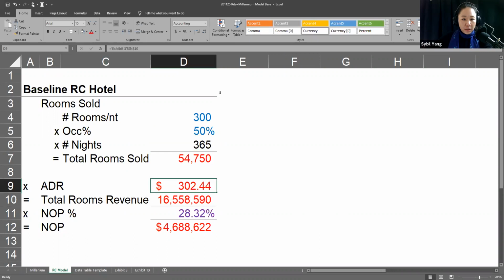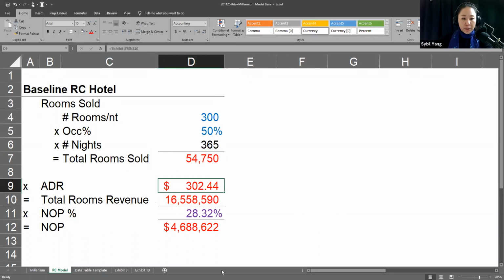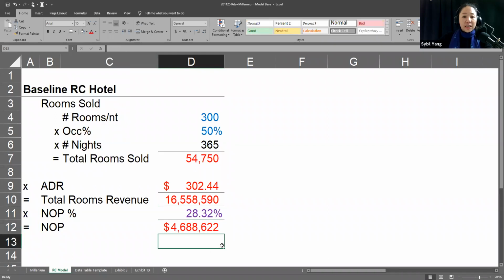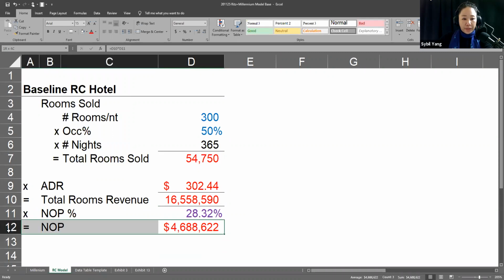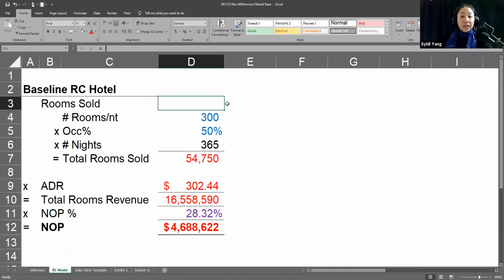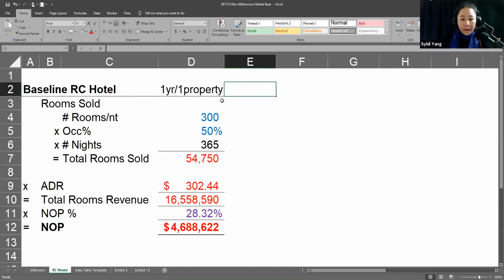And net operating profit wise, if we get to keep 28% of all the revenue that's coming in, presumably the owner would be able to keep this dollar amount in any given year. So I'm just going to go ahead and bold this. So this is for any 1 year, one property.